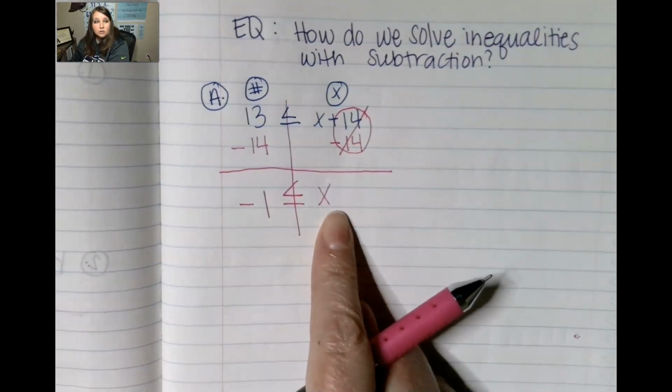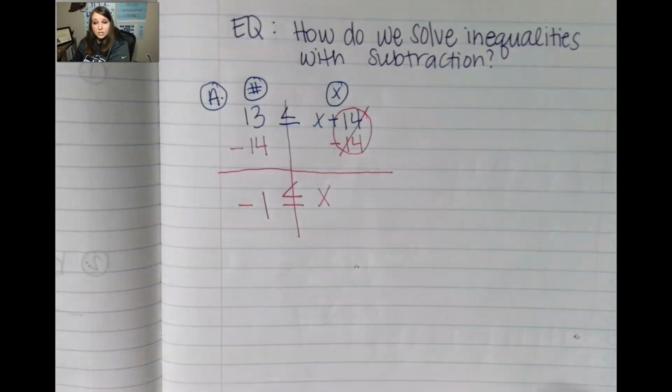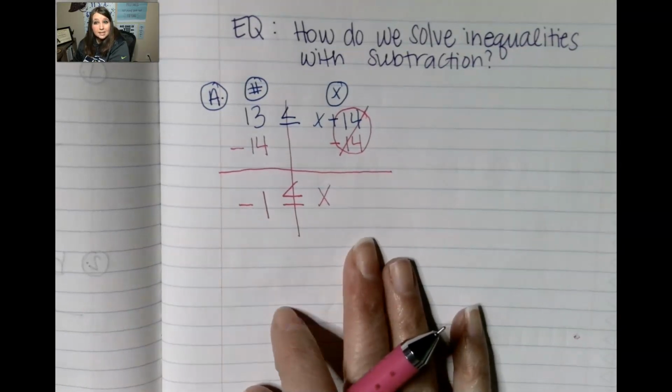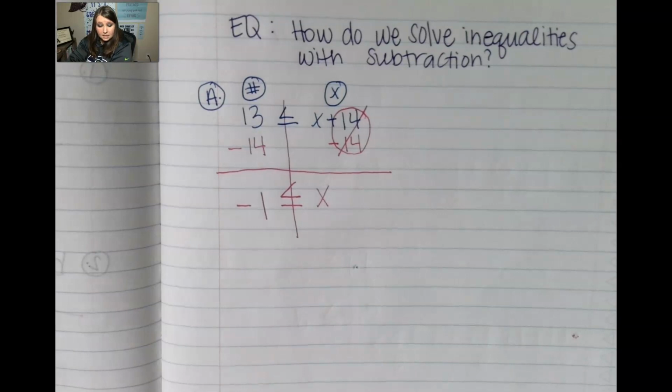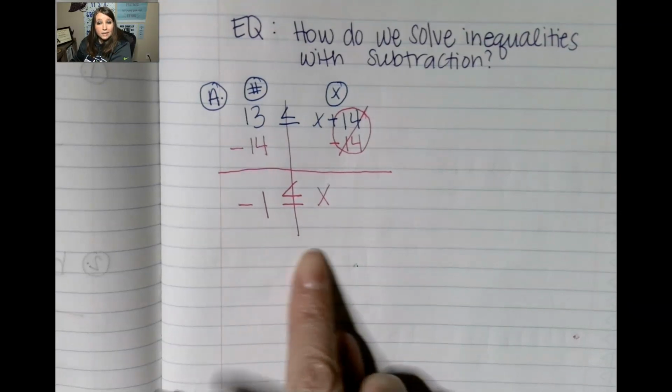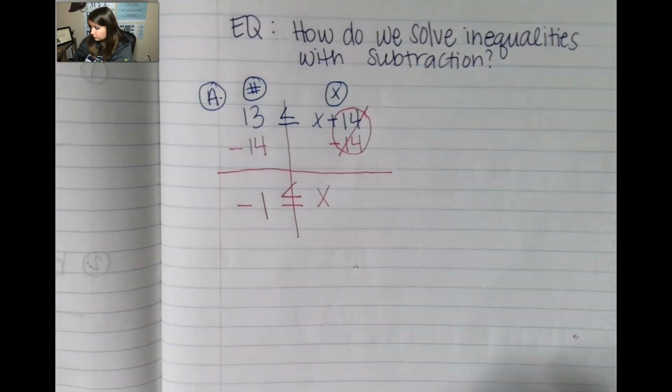Okay, here is the graphing part that Big Ideas is being picky about, which this is correct. We can leave this just as is, but Big Ideas wants us to take this one step further and have the x on the left side so that you always start with the variable.